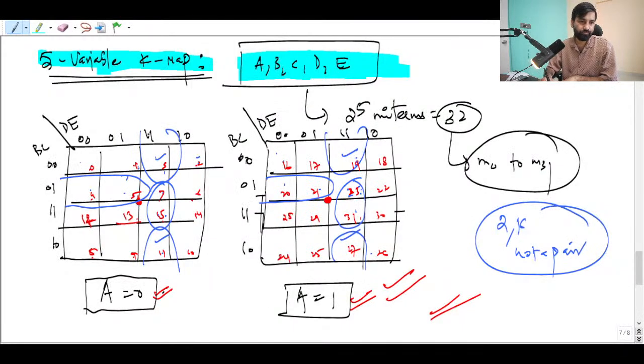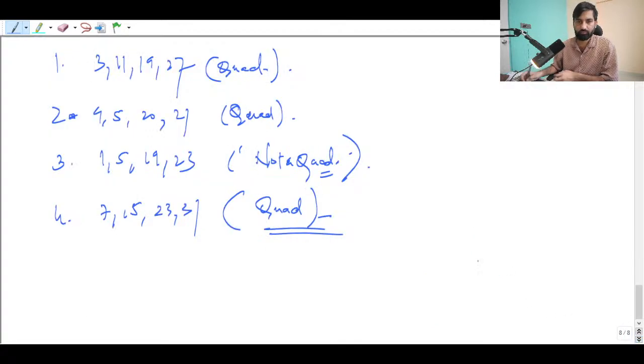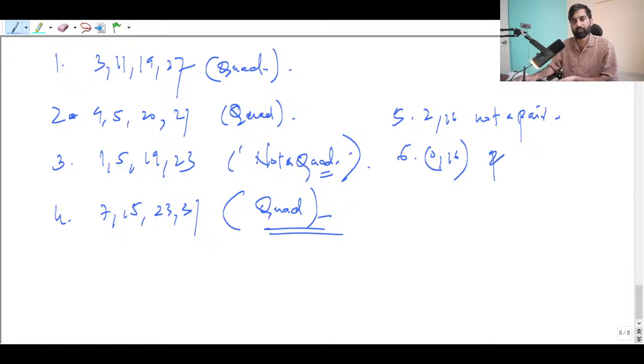And 2 and 18 are a pair, right? You can identify these pairs as well. So 2 and 16, not a pair. 0 and 16 are pairs. You can combine them.